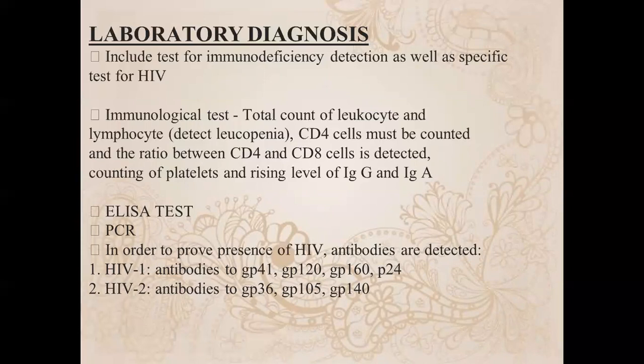Then PCR. In order to prove the presence of HIV, antibodies are detected. So they will be going for HIV-1 antibodies and HIV-2. In this ELISA and PCR, they will identify these antigen-antibody reactions, which will lead to identifying antibodies of GP41, GP120, GP160 and P24 of the HIV virus.